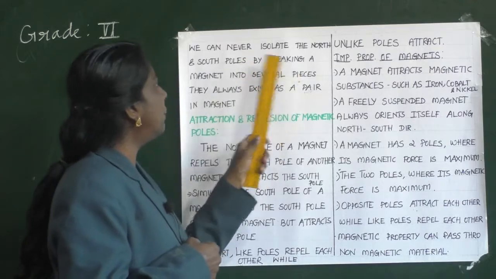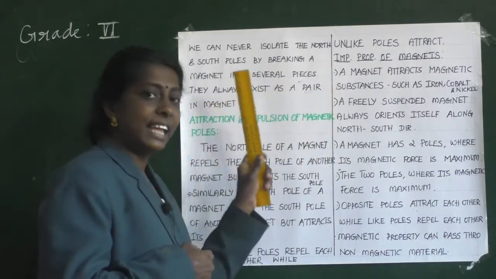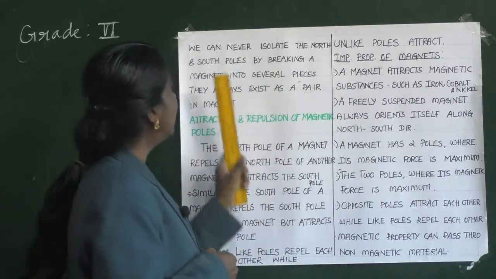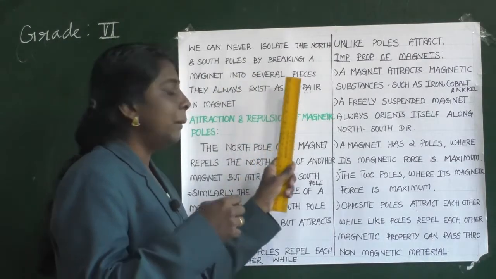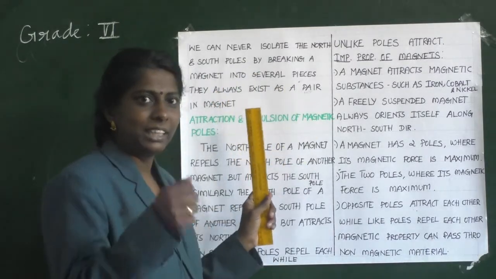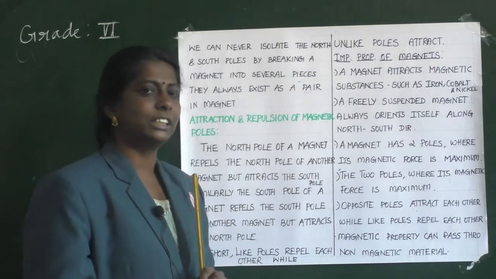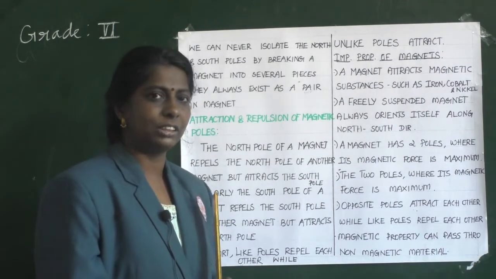By breaking a magnet into several pieces, they always exist as a pair in a magnet. Both the north and south poles will exist as a pair in a magnet. Clear? Yes.